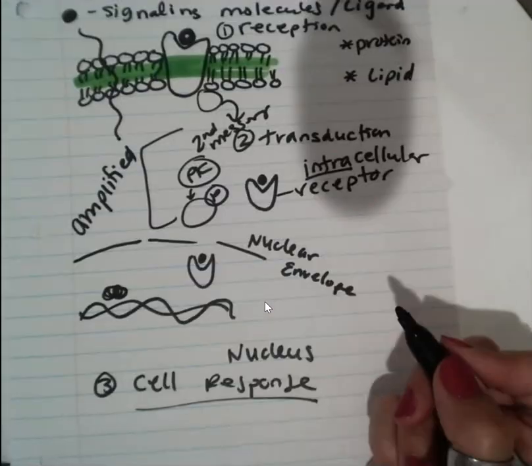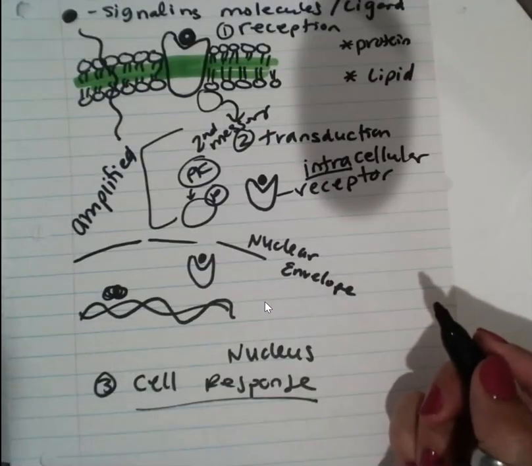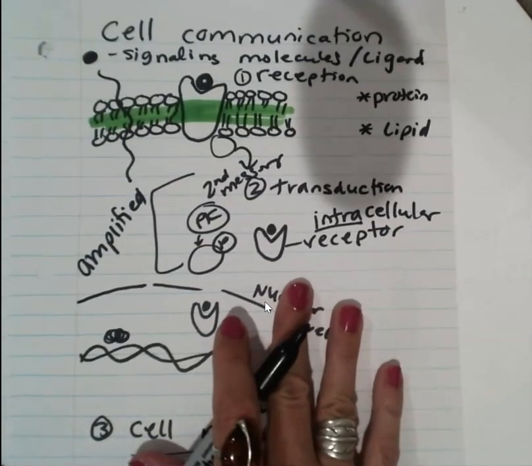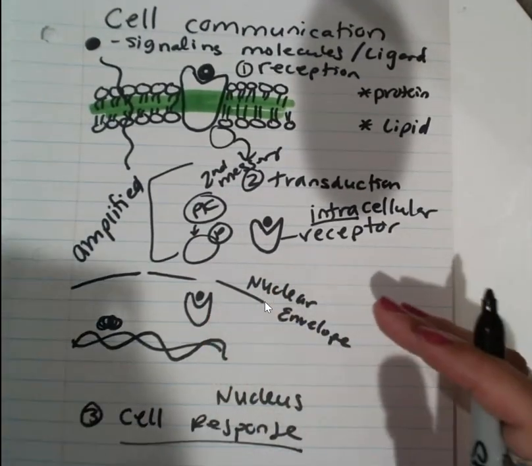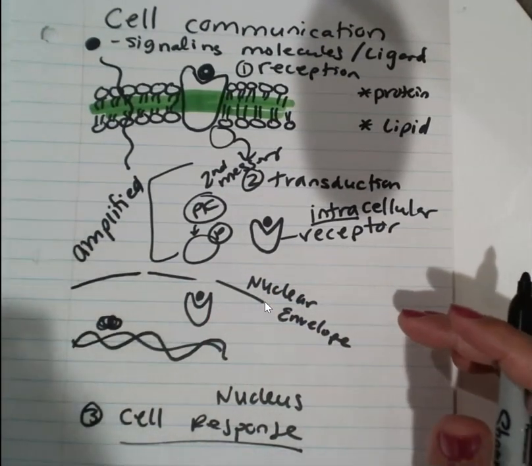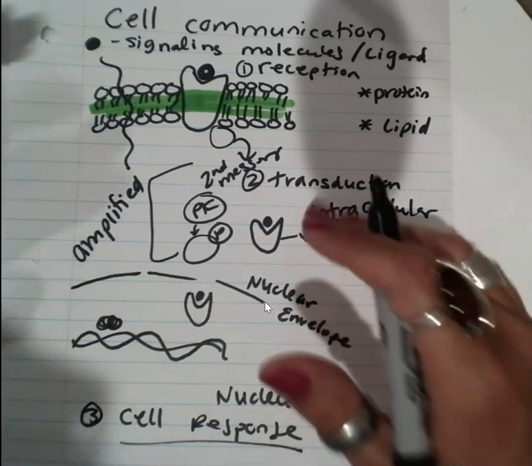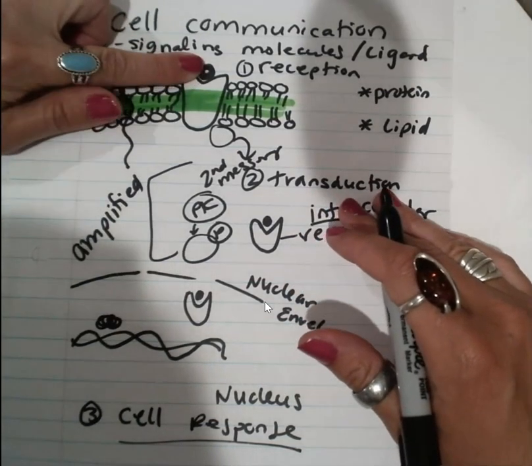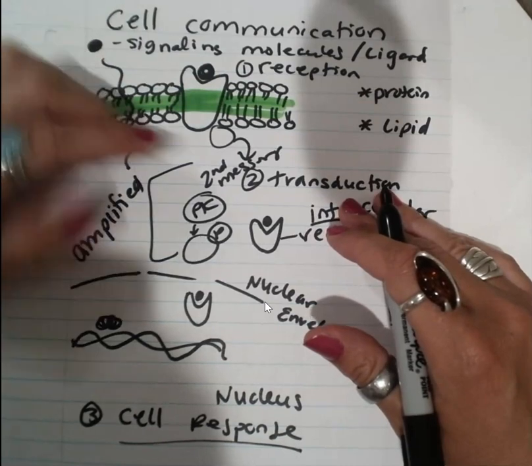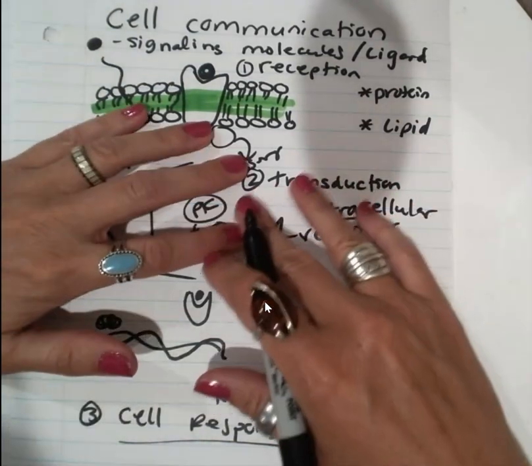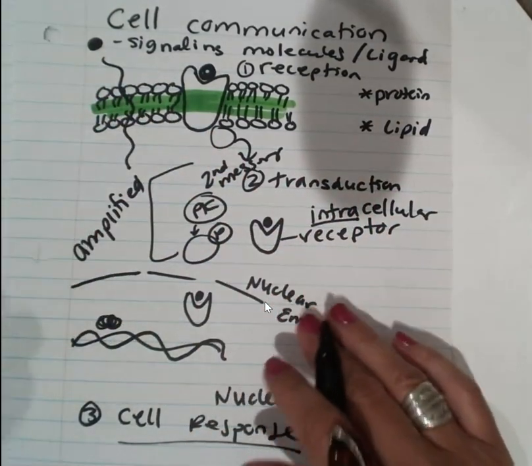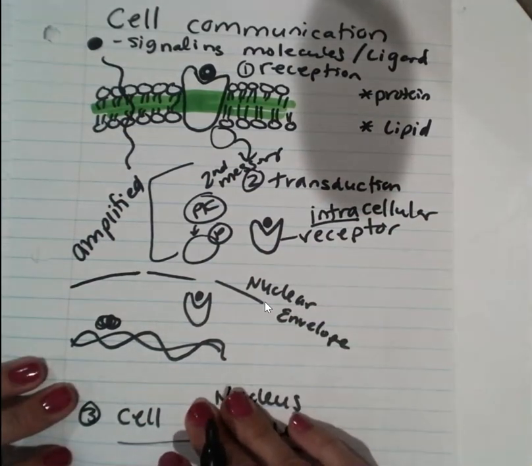The internet is full of different examples. But basically, when we look at cell communication using protein-based ligands, that first message, because it can't diffuse across, relies on a second messenger to keep the message going within the cell to bring about that cell response.